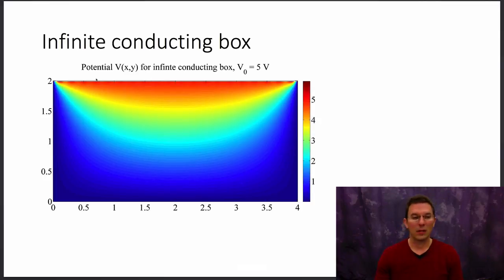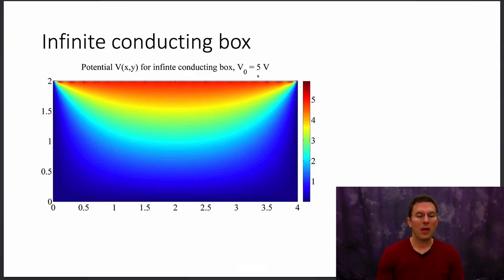Okay, and you can see this is a plot that I made using MATLAB, and I've uploaded the MATLAB script to do this, to create this plot, to the Canvas website, so you can download this and modify it and try it for yourself for different dimensions. For instance, you can change these dimensions here to be whatever you like. You can change the top potential to be whatever you like, and so on.